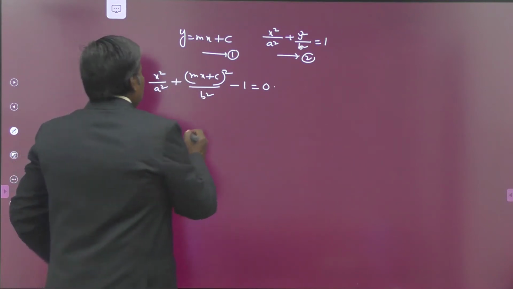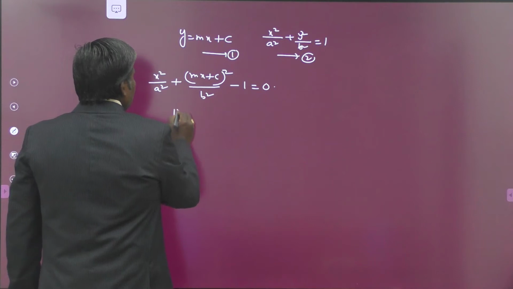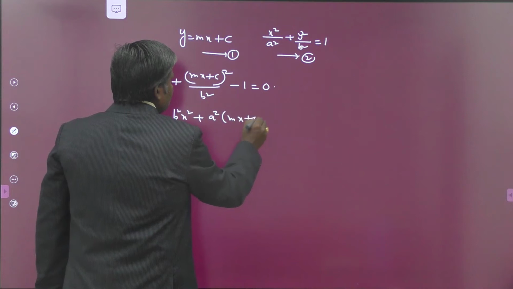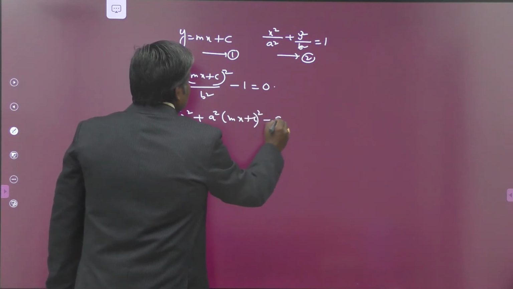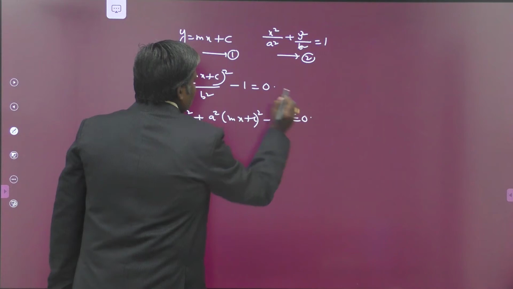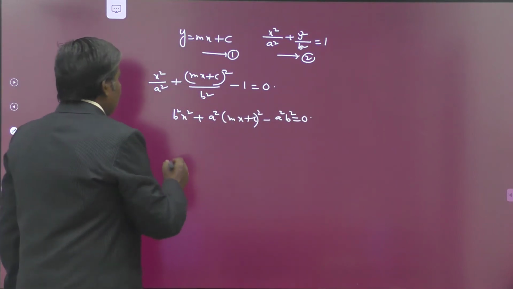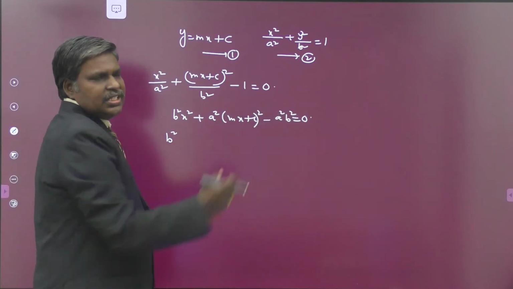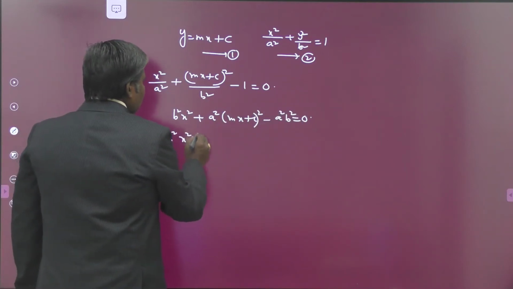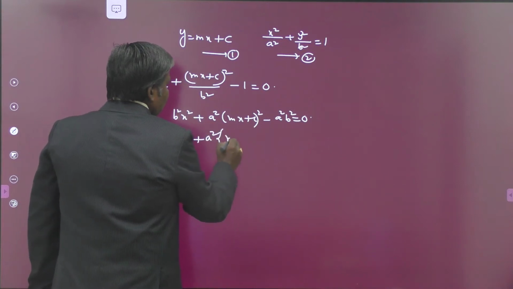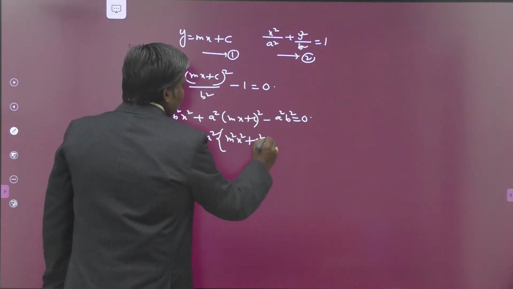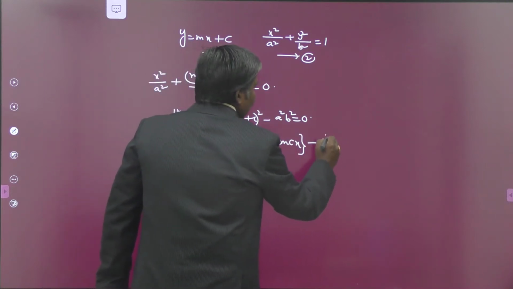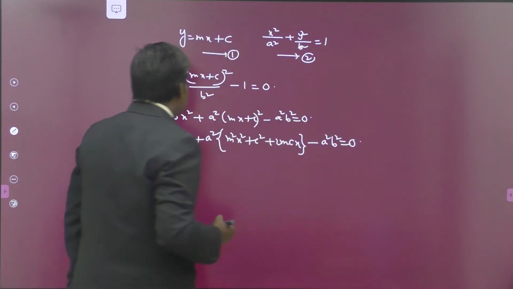X. So, let us try to simplify this. b square x square plus a square times (mx plus c) whole square minus a square b square is equal to 0. Let us write it in the standard form, that means ax square plus bx plus c, something like that. b square x square plus a square times (m square x square plus c square plus 2mcx) minus a square b square is equal to 0.